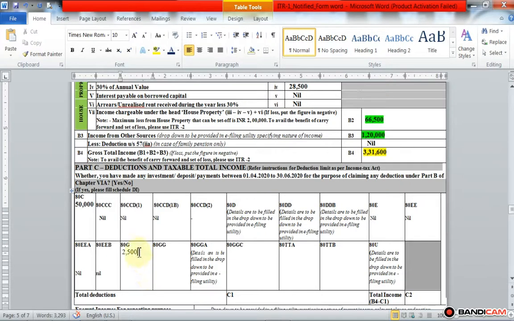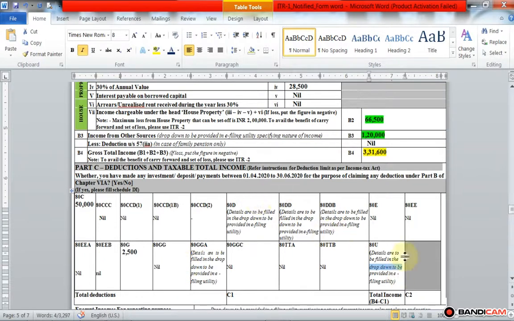Got it? 50%, because the donation is given to a temple. Then 80GG nil, 80GGA nil, 80TTA nil, 80U nil.